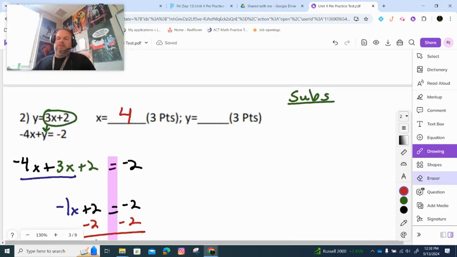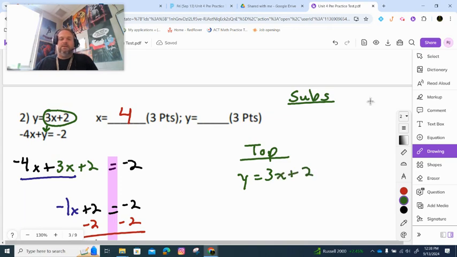So we're going to use the top equation because it seems easier. 3 times 4 is 12 plus 2, so 14.